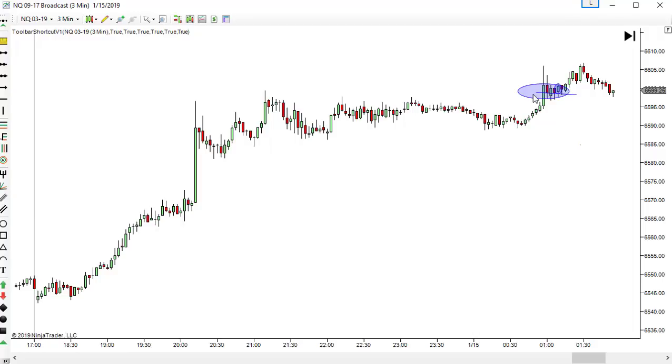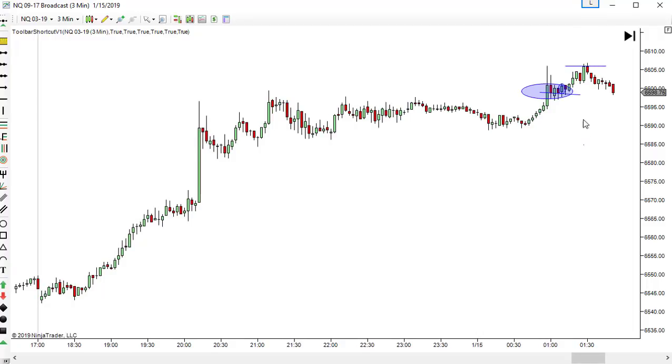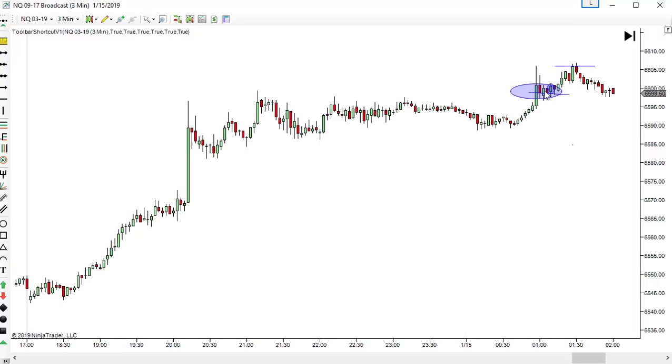So I might say, all right guys, if we get above here and we make a new high, it should try to make it up to around 66.05. I'll put a circle or a line on there. You have a choice: take the profit at the target, which could be 30 ticks, could be 60 ticks, could be 25 ticks, could be 80 ticks away.